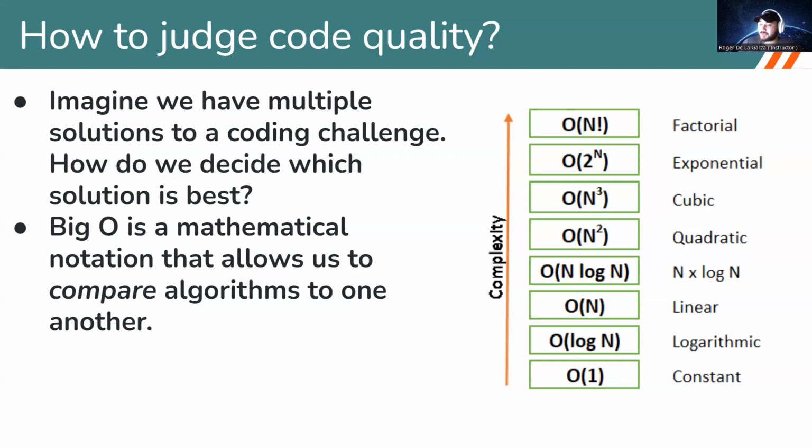And it'll make a little bit more sense afterwards. We also see here the actual naming term for each one of these. O of 1, we call that constant time. O log of n, logarithmic. O of n, linear. O n log n, then quadratic, cubic, exponential, factorial, and so on and so forth. So they have specific terms that go with them. The ones you'll hear the most will probably be constant time, linear time, and logarithmic.